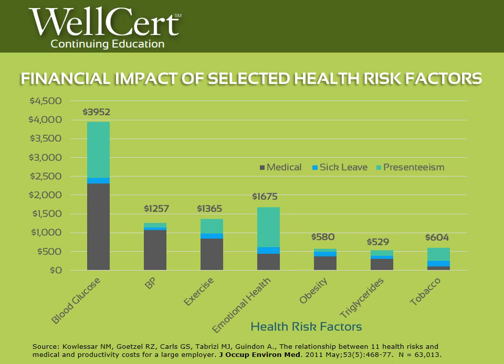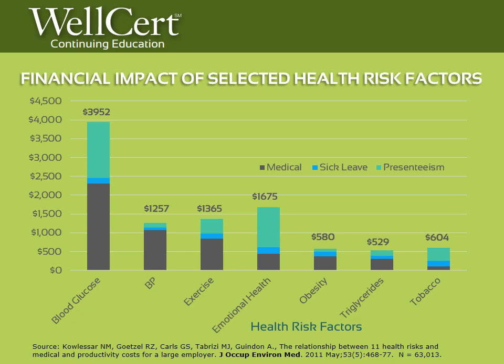For elevated triglycerides, $529, and tobacco use, $604. So again, you see the proportion between medical costs, sick leave, and presenteeism related cost for selected health risk.